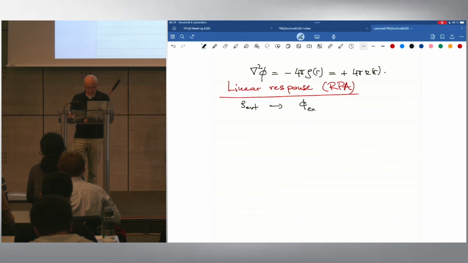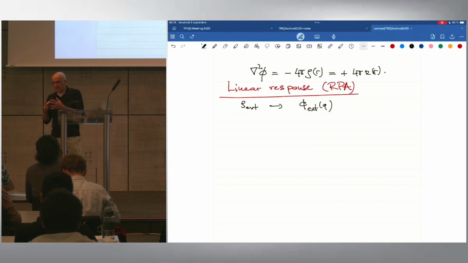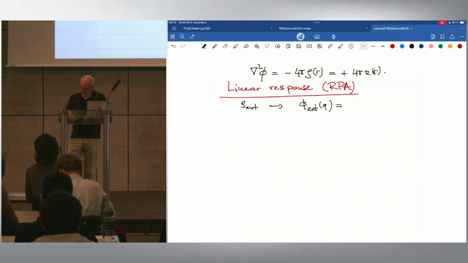this is going to generate an external potential, which, if I express it by its Fourier component, phi of q, I'm not going to use different symbols for phi of r and phi of q. I mean, the notation will just be self-evident. This is terrible for mathematicians, but whatever. Phi external of q is going to be v of q, the bare Coulomb potential, times rho external.